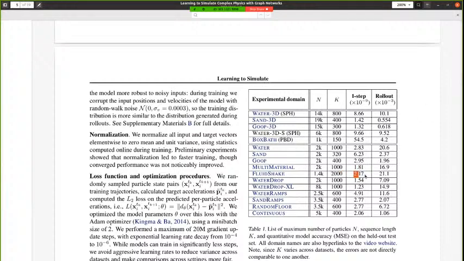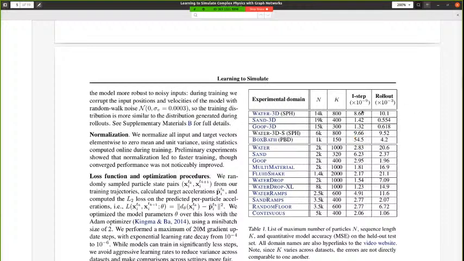So there's a bunch of things to notice, and a bunch of things that are really cool that they are actually making sure to have a good look at in order to make this work. So you see a one-step error that's on the order of 10 to the minus 9 across most of these systems, there's a 10 to the minus 8 here.